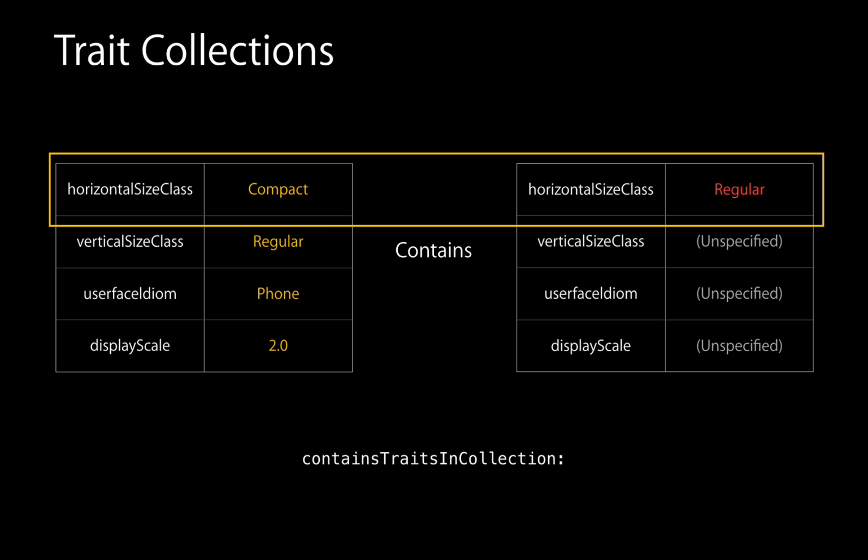Now, you can perform these comparisons yourself in your own code to determine how you should lay out your views or view controllers. But UIKit also uses this internally for some of its functionality. One example of that is the appearance proxy. The appearance proxy is a system that we introduced a while ago for customizing the properties of your views, and we've extended it in iOS 8 to support trait collections.